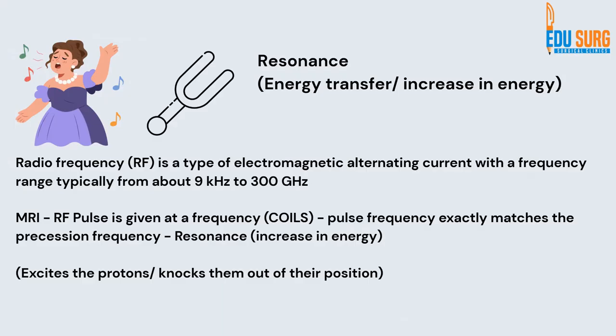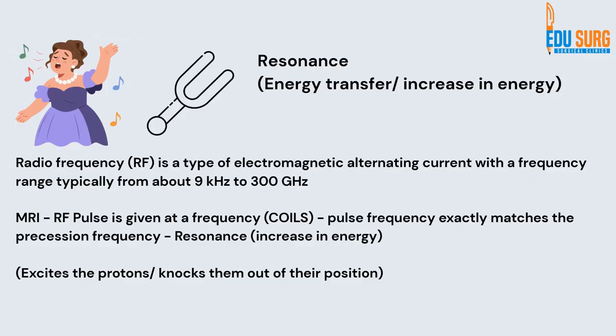So RF pulse, remember this term because it's going to come up repeatedly. We are talking of resonance. We are talking of causing resonance to ionic hydrogen. So the RF pulse is given at a frequency, and this frequency has to match the precession frequency, that is the ionic hydrogen's Larmor frequency.